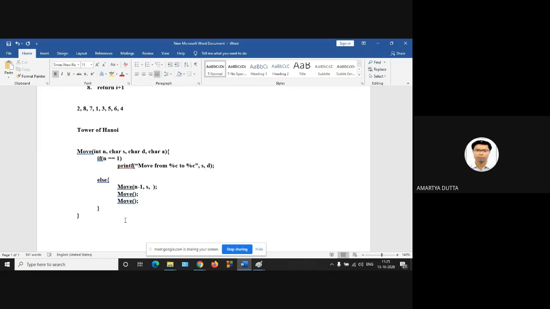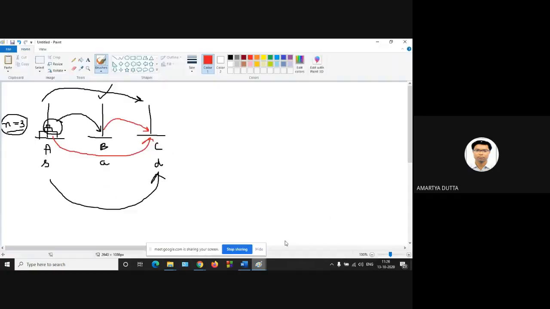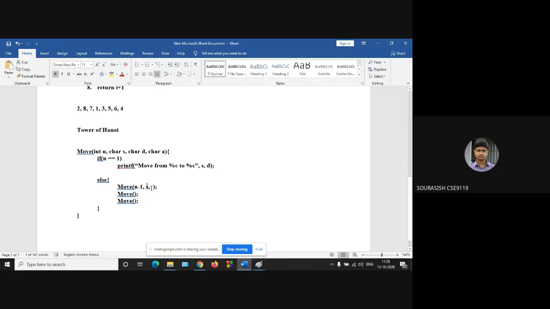Any idea? Here the first n minus 1 disks are moved from source to the auxiliary. So this will be your A. Yes, A, and this using the destination.